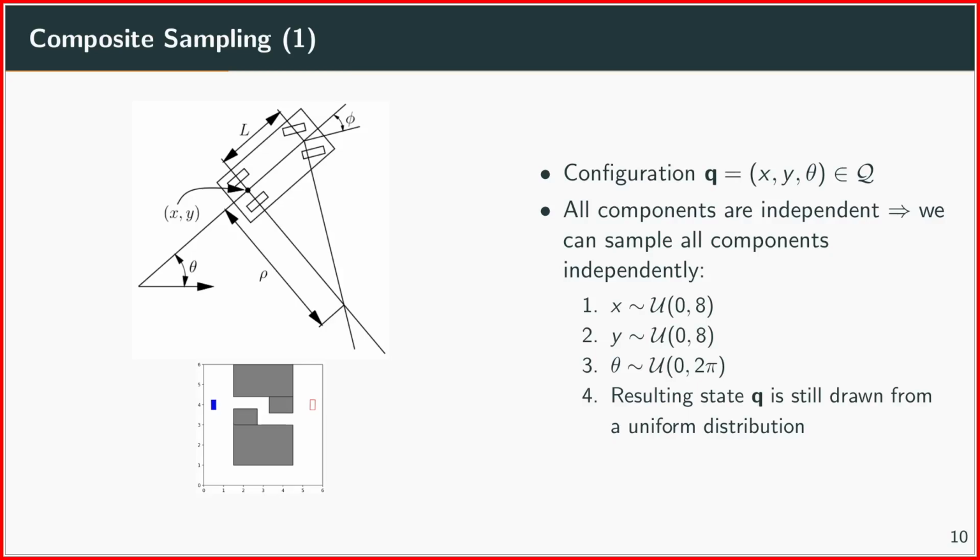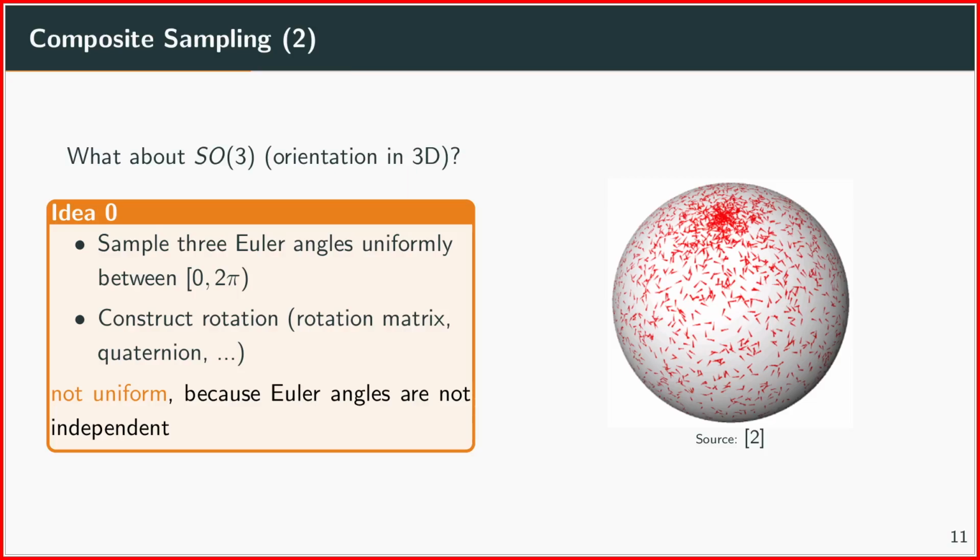So here are 3 different uniform distributions from which you can sample, and that gives you a good cover of your configuration space, and the resulting state Q will still be drawn from a uniform distribution. So basically, if you want to have uniform distributions, you can just do uniform sampling in each of the dimensions and then combine them to get uniform sampling on the whole configuration space.